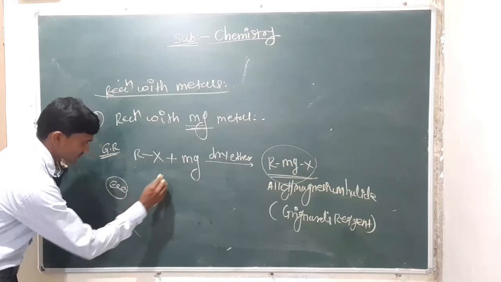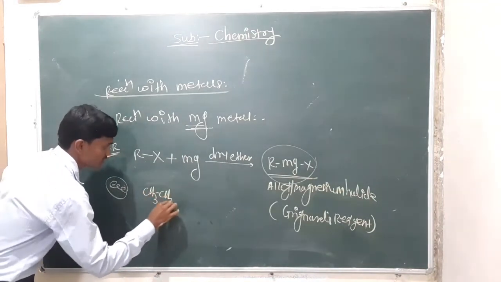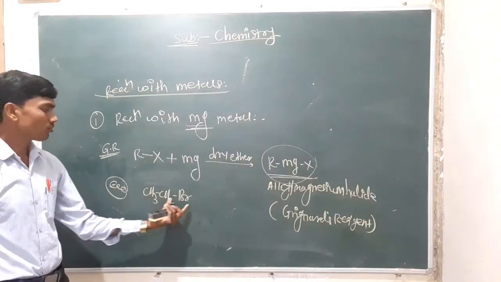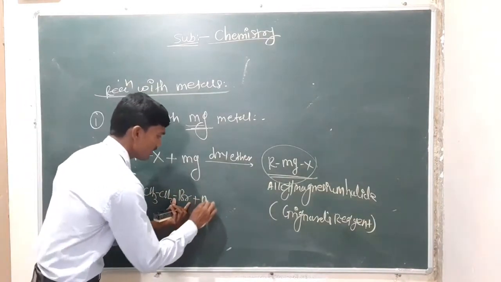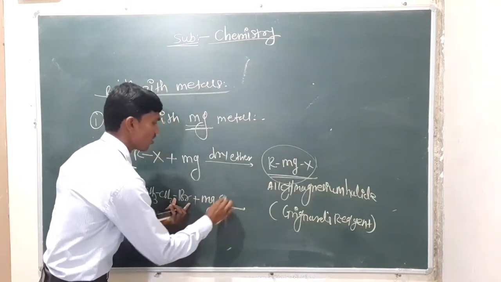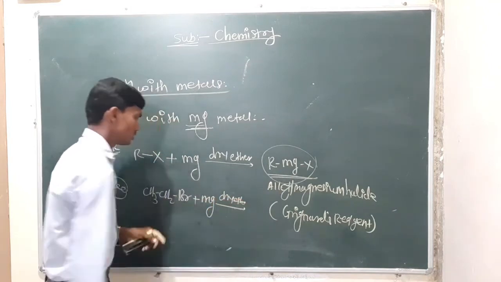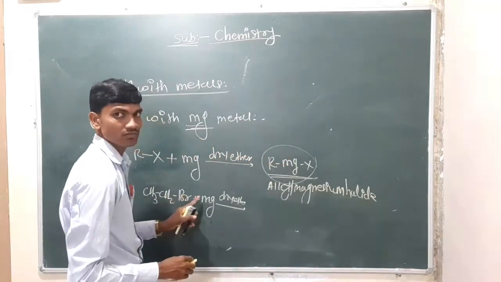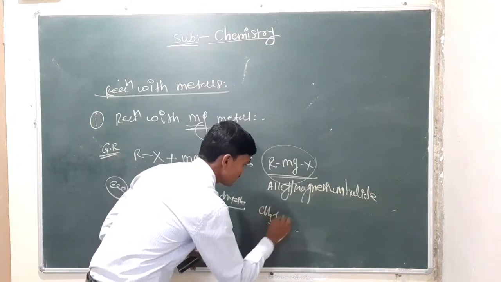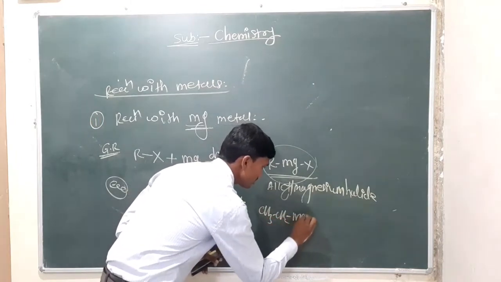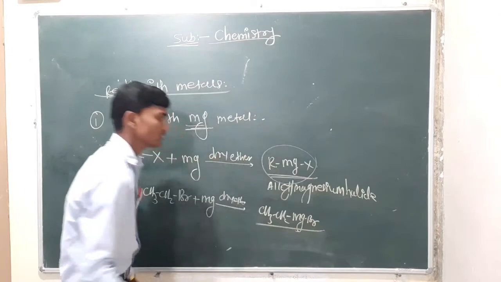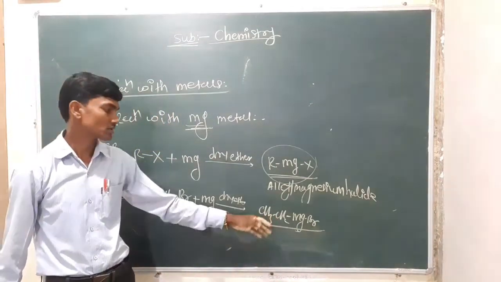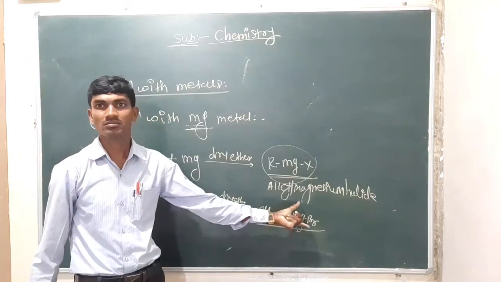Consider the example CH3CH2Br, ethyl bromide, which reacts with magnesium in the presence of dry ether to form ethyl magnesium bromide, used as a Grignard's reagent.